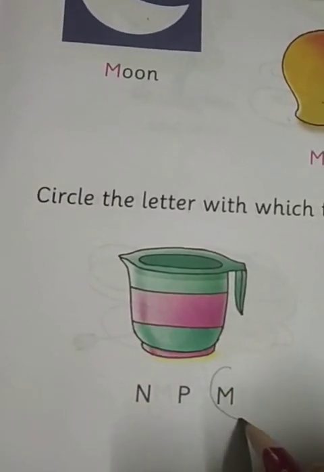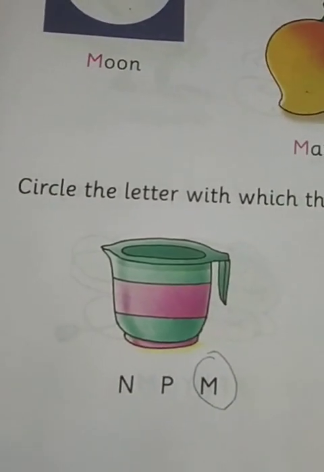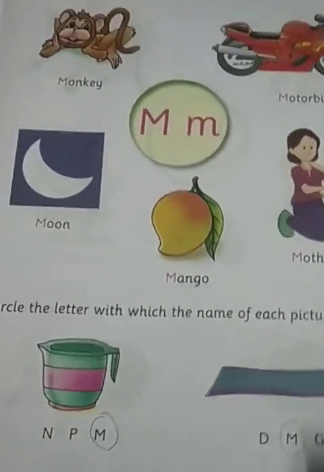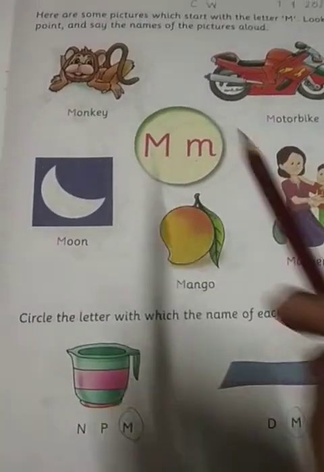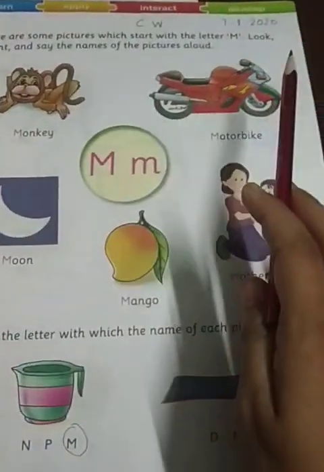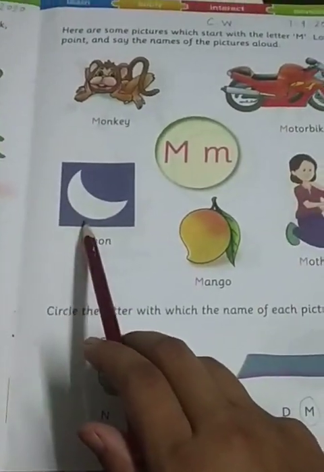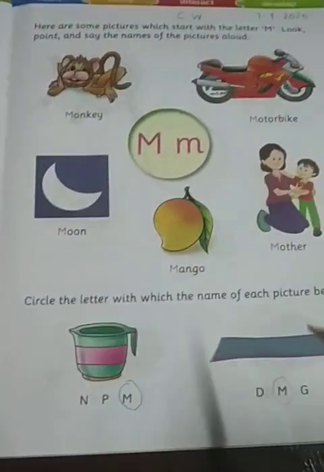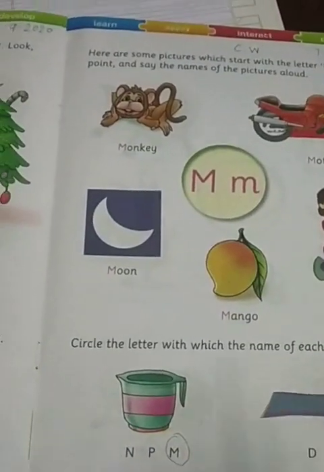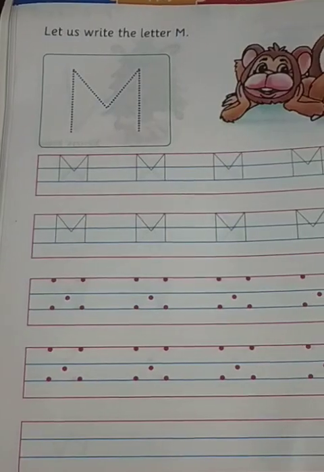Which letter? M. And here this is a mat. And mat also starts with letter M. So how many pictures we have that begin with letter M? M for monkey, M for motorbike, M for moon, M for mango, M for mother, M for mug, and M for mat.